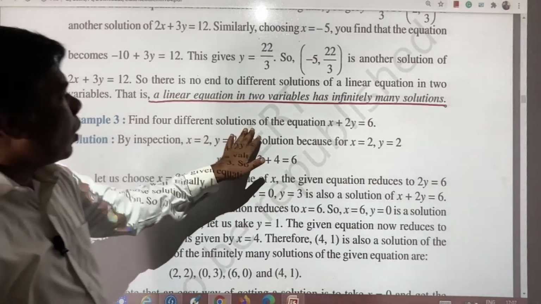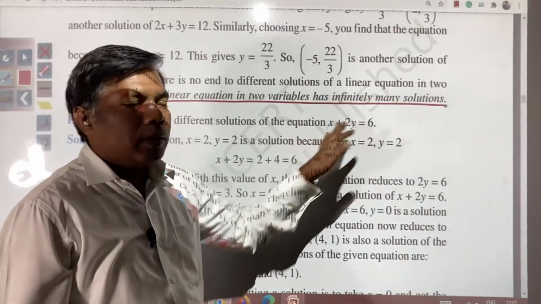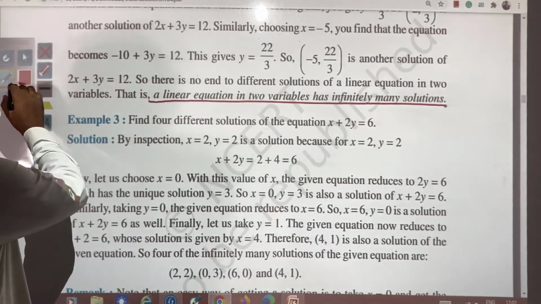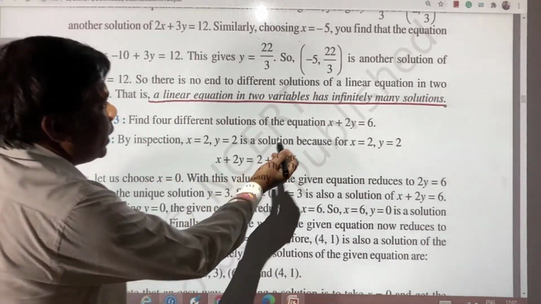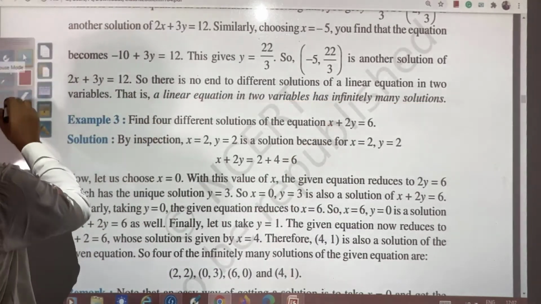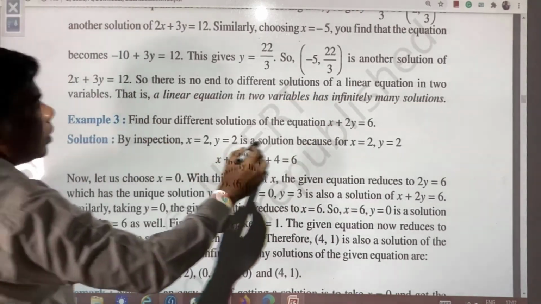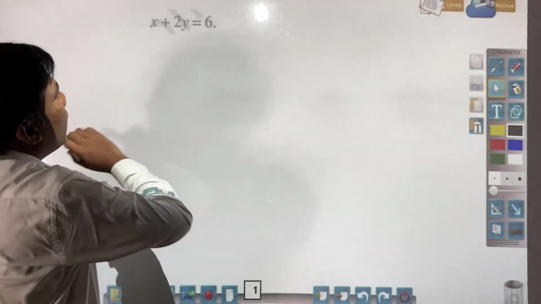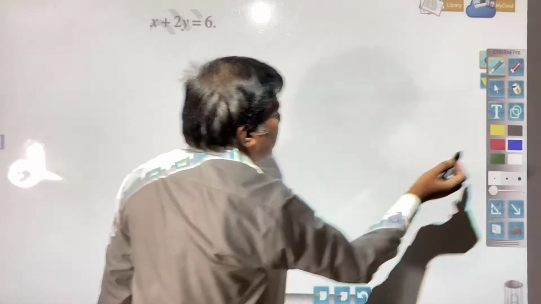Find four different solutions of the equation x plus 2y is equal to 6. How is it to be found out? What can be done? Just assume x is equal to some value. Here you have x plus 2y is equal to 6.